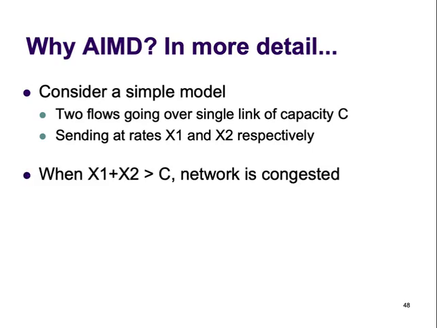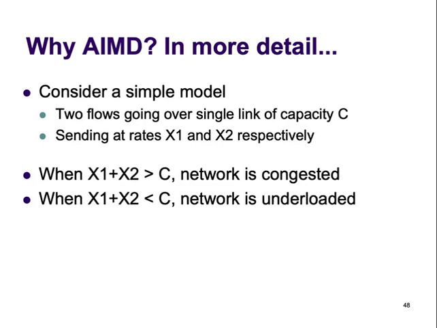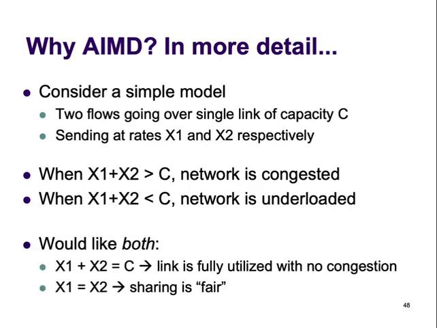When x1 plus x2 is greater than C, the network is congested. If x1 plus x2 is less than C, then the network is underloaded, so we could be increasing. And what we would like is both that x1 plus x2 is equal to C, so we're fully at capacity, and that x1 is equal to x2, which means we're sharing fairly between the 2 flows. In an idealized world, that's our goal.